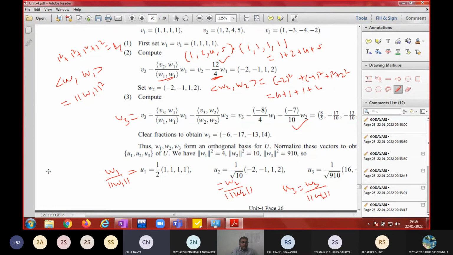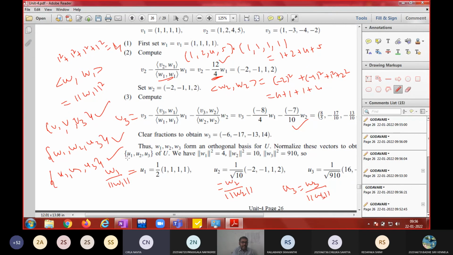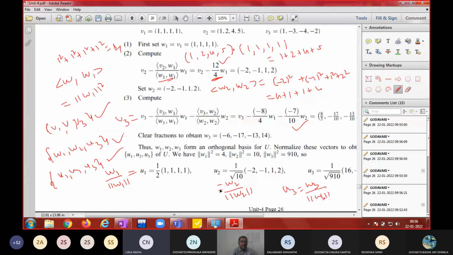So U1, U2, U3 forms an orthonormal basis. W1, W2, W3 forms an orthogonal basis, and V1, V2, V3 forms a basis. Basis is given. From this we found the orthogonal basis, and from the orthogonal basis we created the orthonormal basis. That is how we compute the orthonormal basis from a given set of linearly independent vectors.